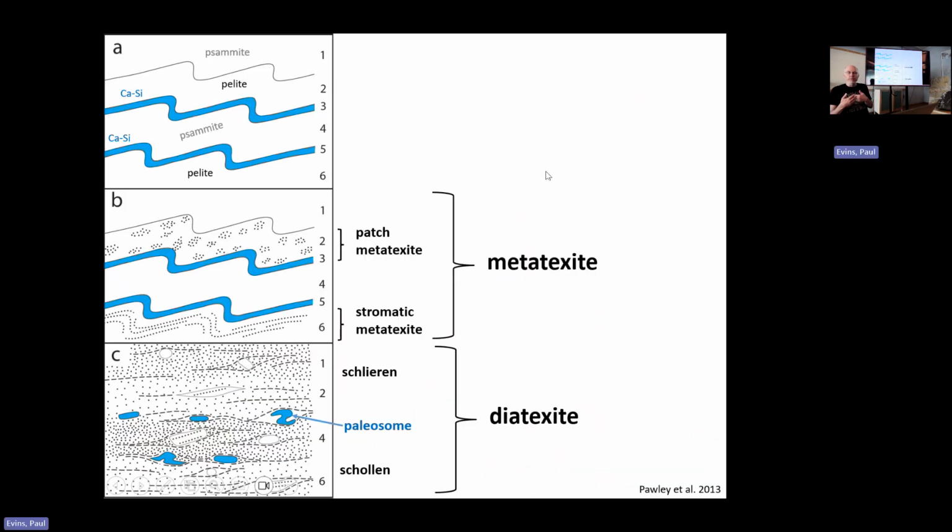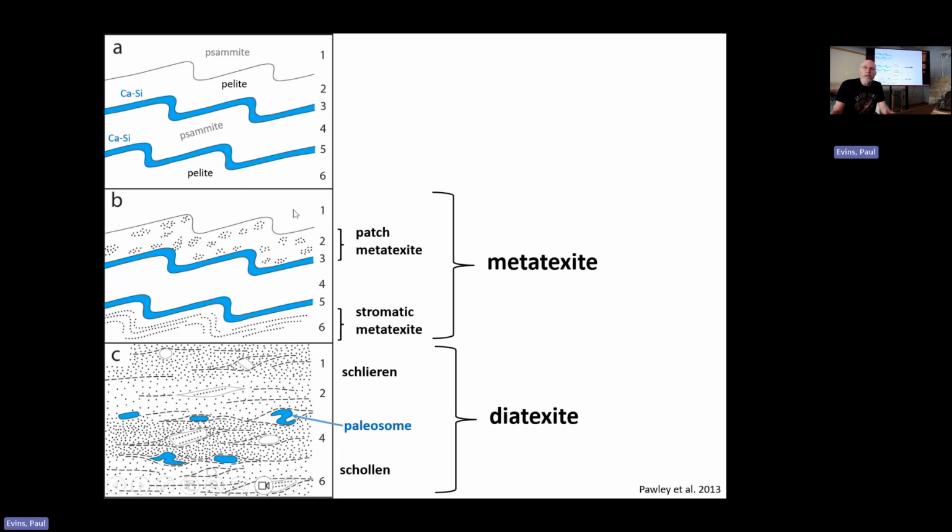So just to imagine what this process looks like a little more, I've got this series of events on the left here. We start with the original package before any melting is occurring, with a typical alternation of layers of samite, more sand rich, pelite, more clay rich, and some calc silicate layers here in blue.